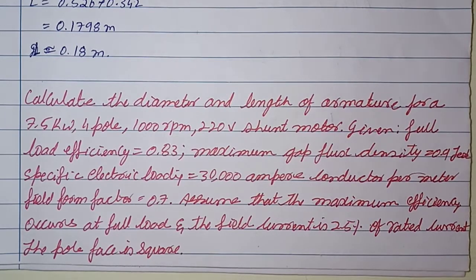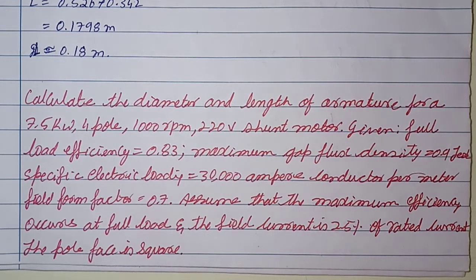Next problem: calculate the diameter and the length of the armature for a 7.5 kilowatt, 4 pole, 1000 rpm, 220 volt shunt motor. Given: full load efficiency is 0.83, maximum gap flux density is 0.9 Tesla, specific electric loading is 30,000 ampere conductor per meter, and field form factor is 0.7.